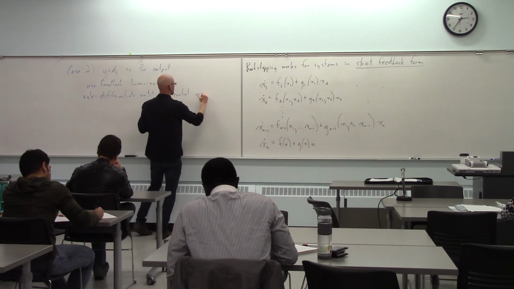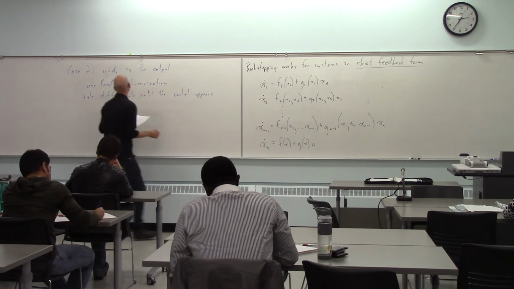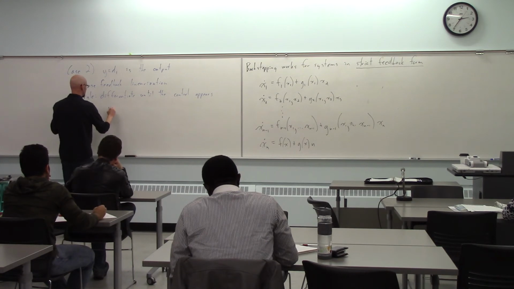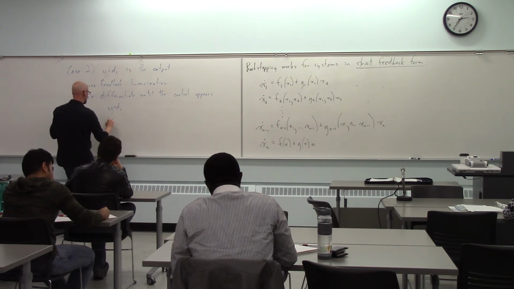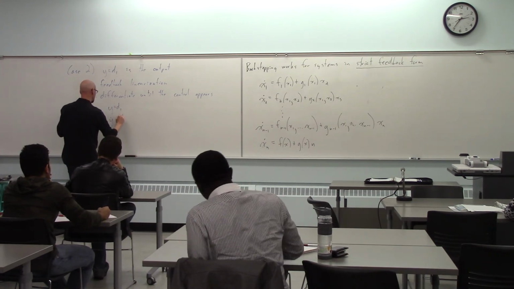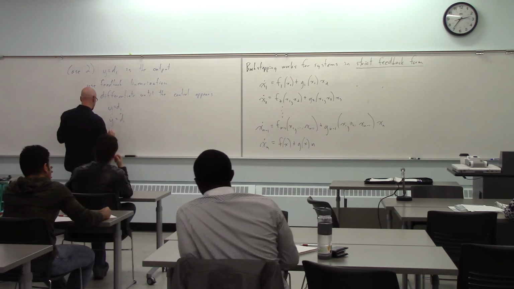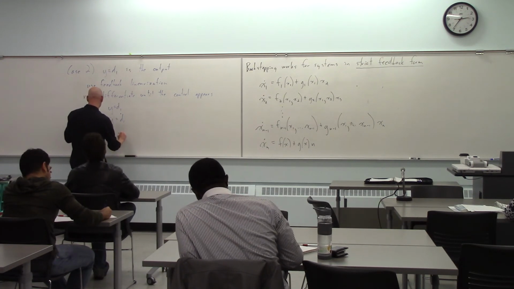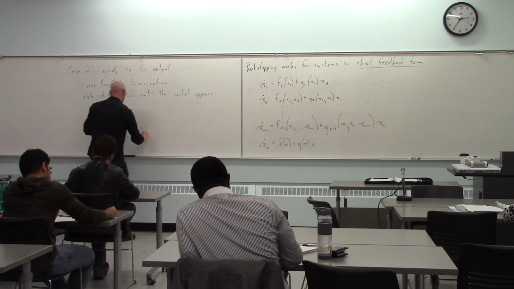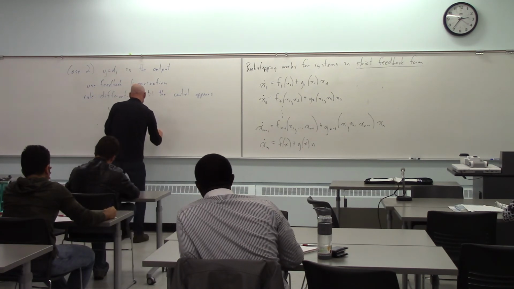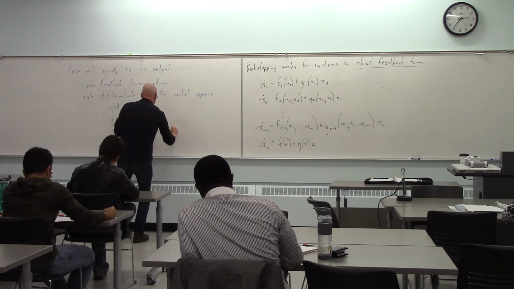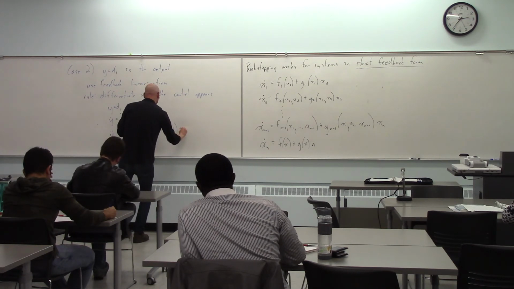That's exactly how you do it if you wanted to use it for case 1 as well. So we have y equals d1, so we're just going to differentiate until we see a u. In this case, we don't have to go very far. Once we get to y double dot, we have 1 over m minus k d1 minus d2 minus b d1 dot plus u.